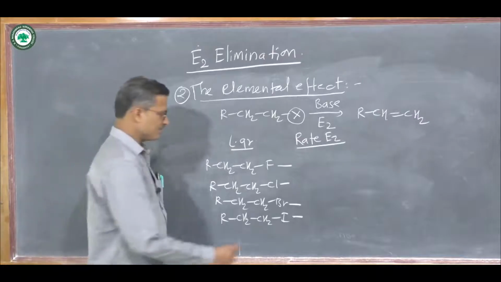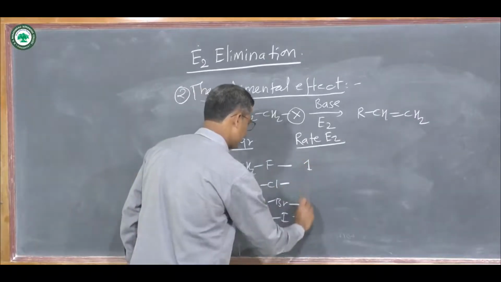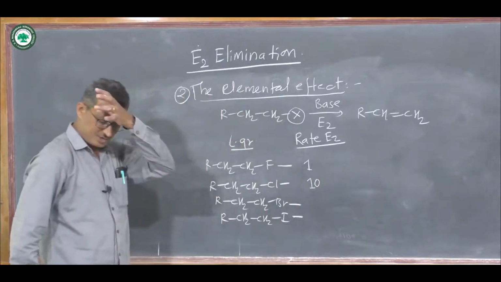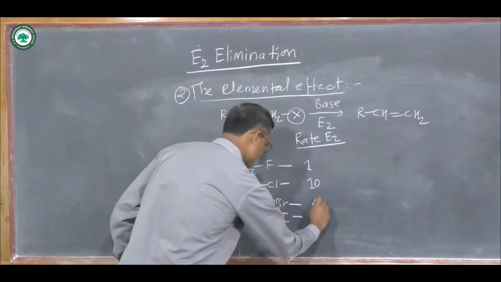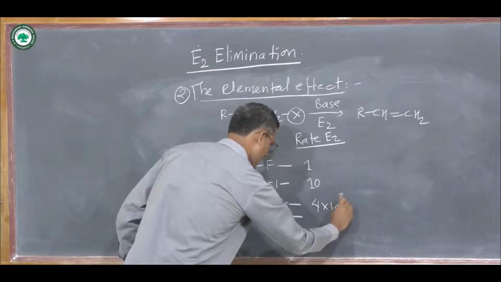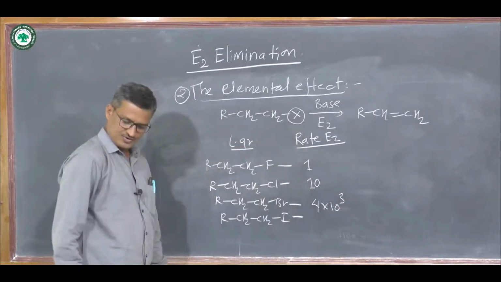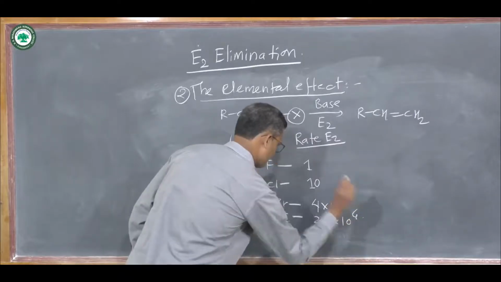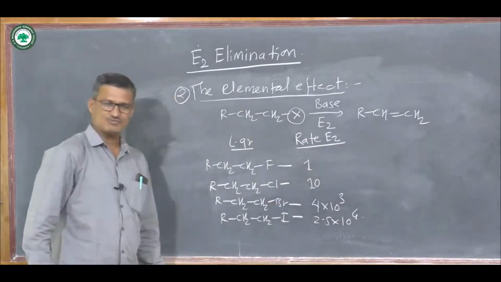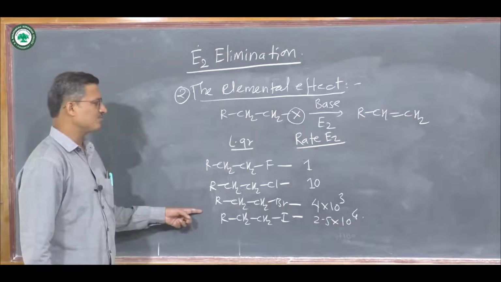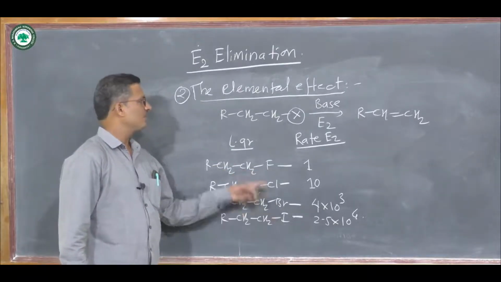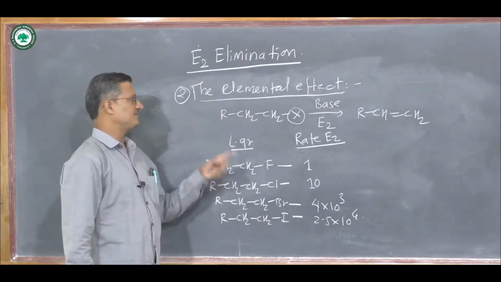When we see the rate of E2 elimination, the first reaction has the rate 1, the second has the rate 10, then 4 into 10 raised to 3, and the last one 2.5 into 10 raised to 4. So what is the meaning of this? Why is the rate changed by changing the leaving group? It is called the elemental effect.